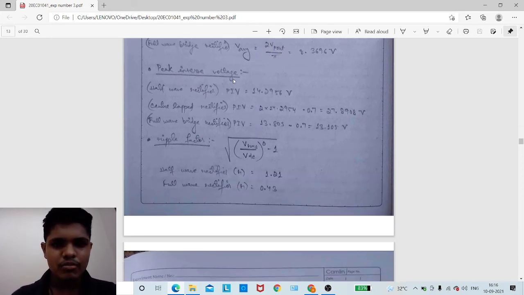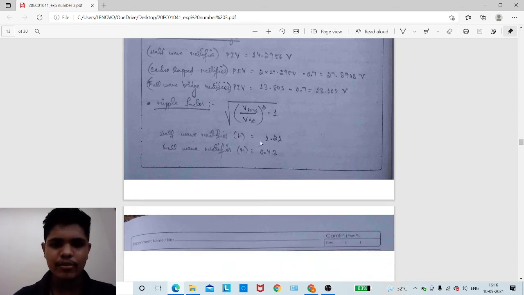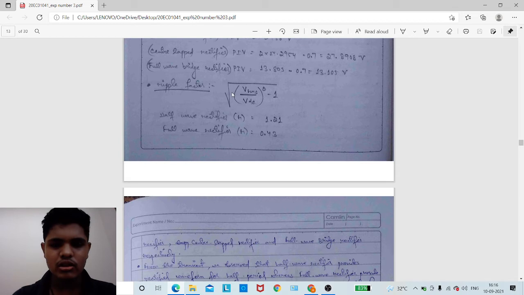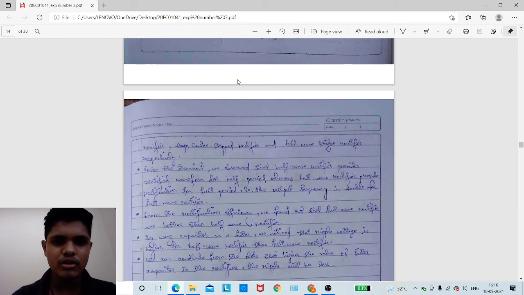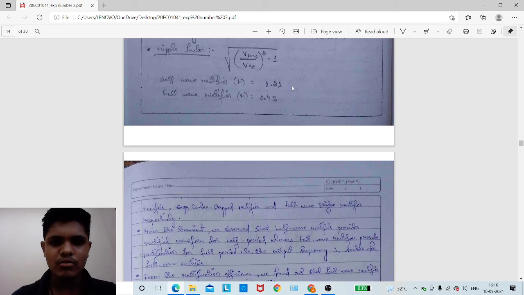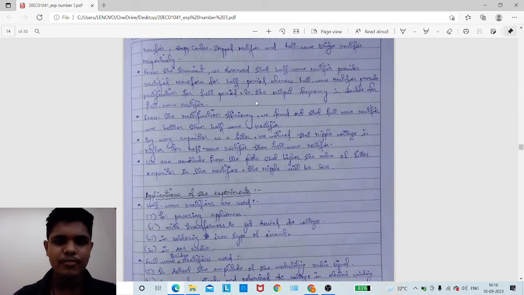The peak inverse voltage, that is the PIV value, we have calculated, and the ripple factor is given by the formula root of (V RMS divided by VDC) whole squared minus 1. For the half wave rectifier and the full wave rectifier, we have got the values 1.21 and 0.43 respectively.